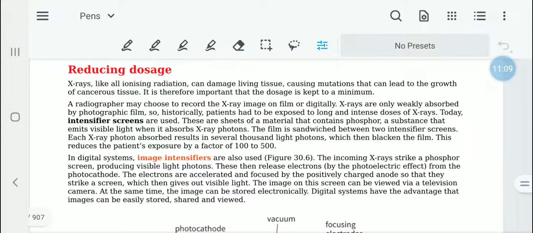Leave a line and write. X-rays, like all ionizing radiation, can cause damage to living tissues, cause mutations, and form cancerous tissue.